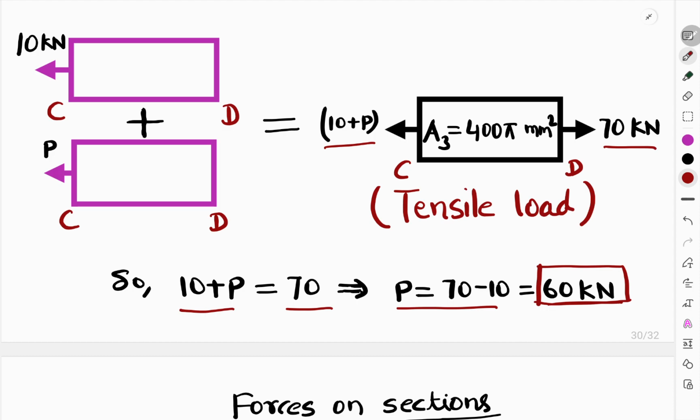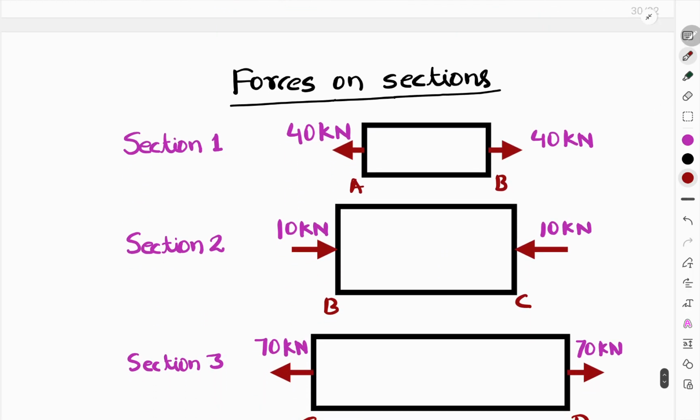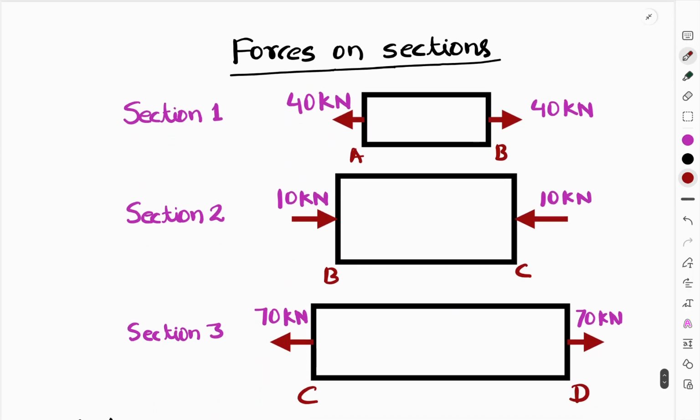So what next are we going to do? Finally, this load will be tangential in nature, and that magnitude will be 70 kilonewton. So again we will see the forces on sections. For section 1, 40 kilonewton tangential force will be applying.